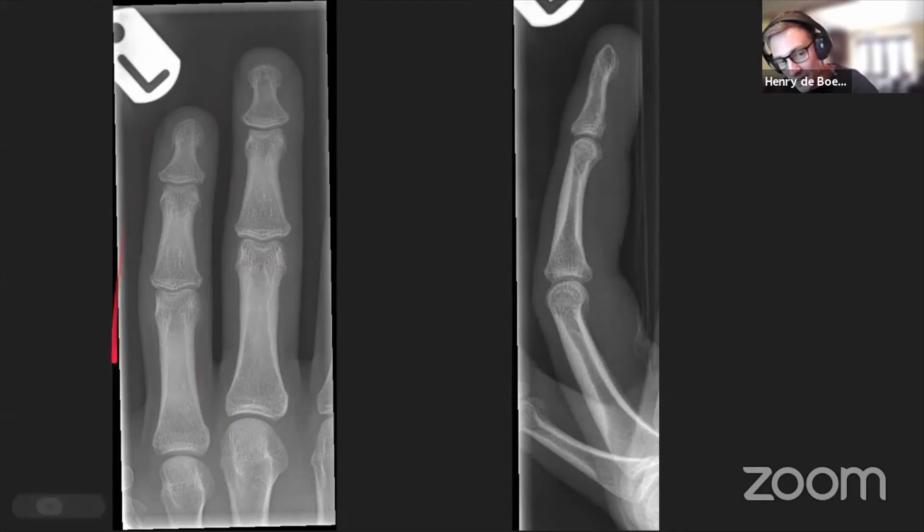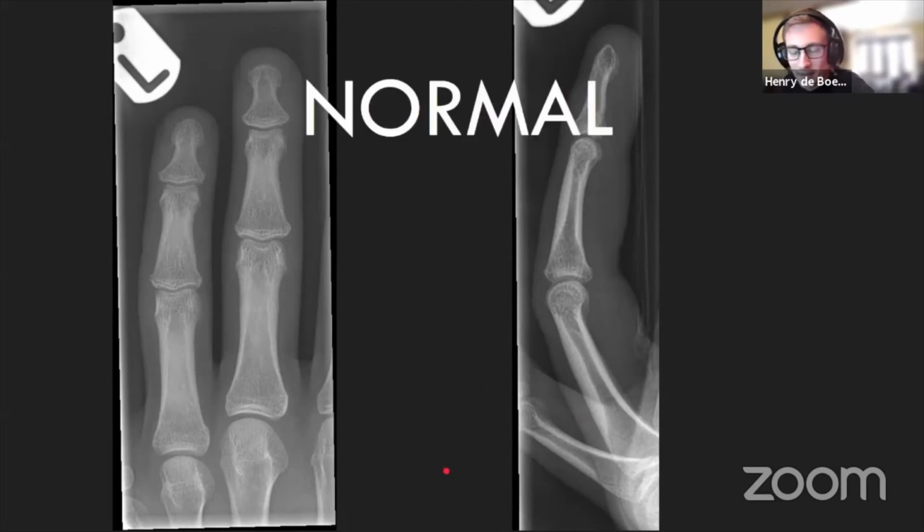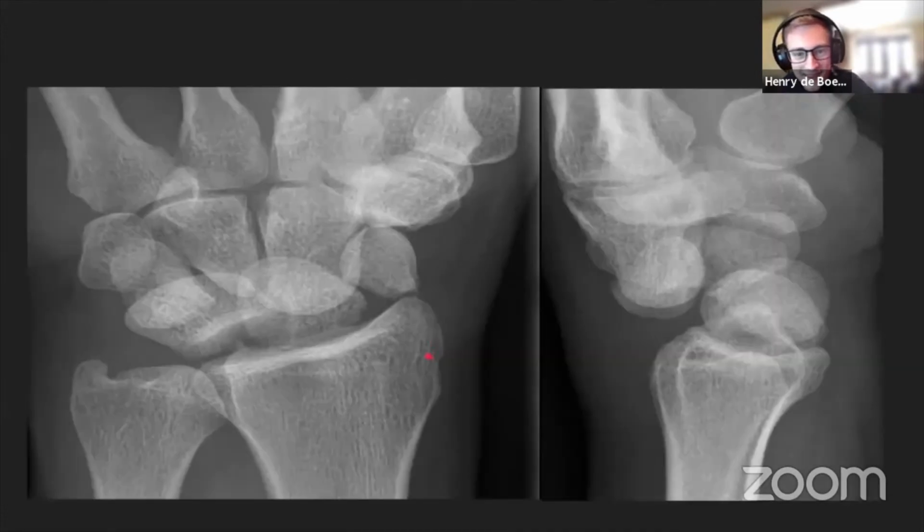There's no soft tissue swelling. So this is normal. The bone density, is it the bone density that you mean? I'll assume so. Yeah, I think they look okay. Yeah, normal. And luckily, I agree with myself. Okay, so next case.